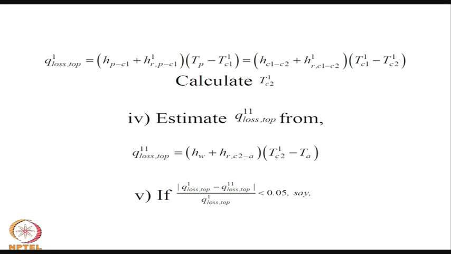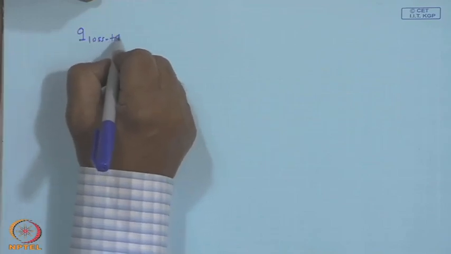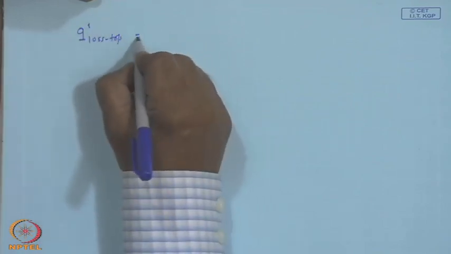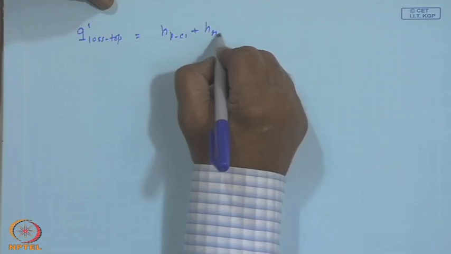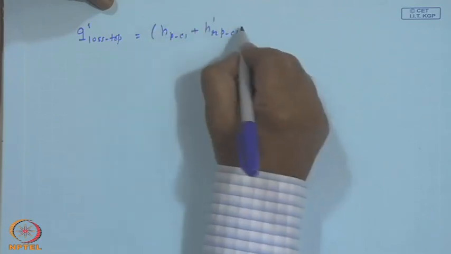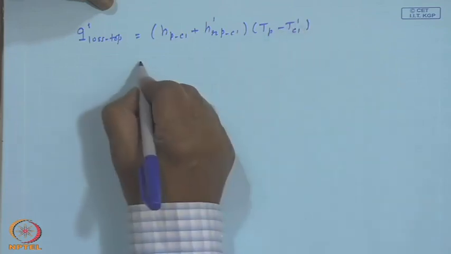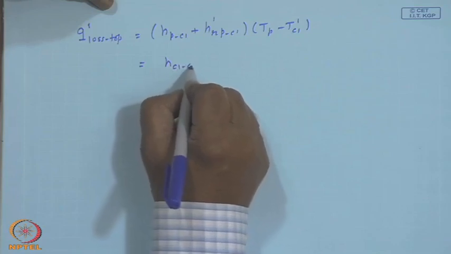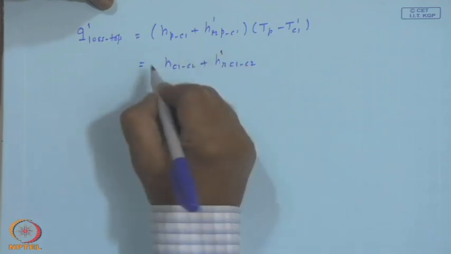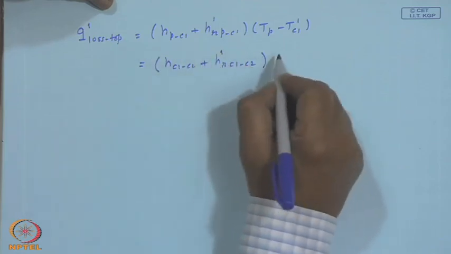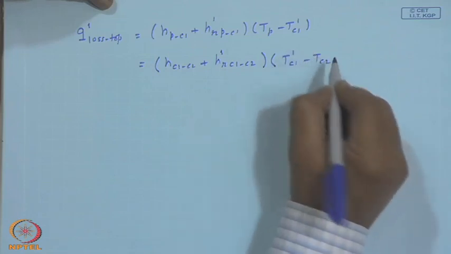So, this relation will be: Q loss top 1 should be equal to (H p-c1 plus H r p-c1^1) times (Tp minus Tc1^1), which should be the same as (H c1-c2 plus H r c1-c2^1), again qualified with a superscript 1 because it follows from my first guess, times (Tc1^1 minus Tc2).